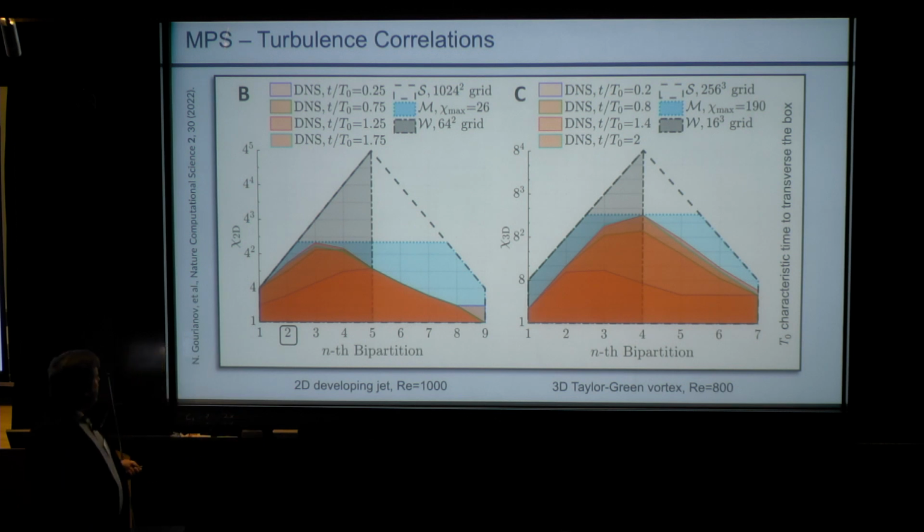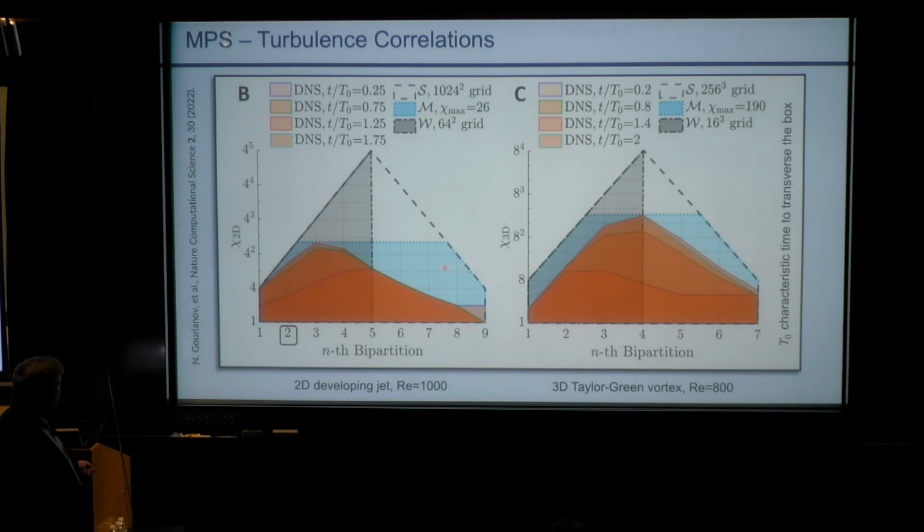What you see here is that if you look at the various different partitions in the grid, these are the first step, second step, third step, and so on in this series of length scales that I did before. And here I have the bond dimension chi, which tells us how much entanglement or how much correlation there is between the long length scale and the shorter length scales.